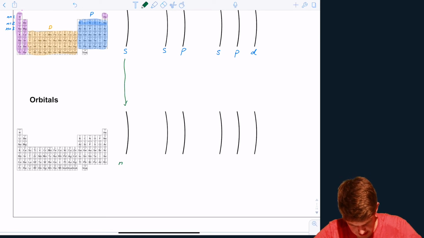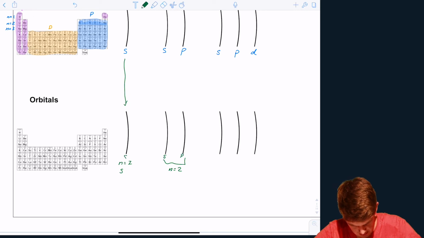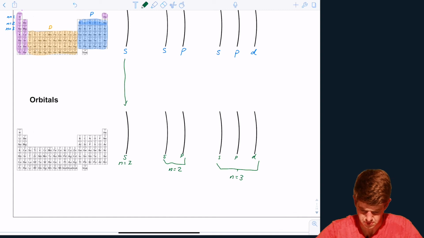So this is n equals 1, and also this is an S block. Both of these are n equals 2. This is an S block, and this is a P. And then for these three, this represents the third shell, and I have the S, P, and D subshells.